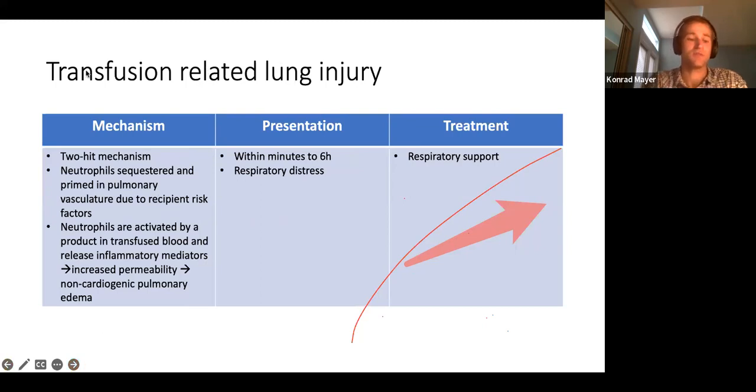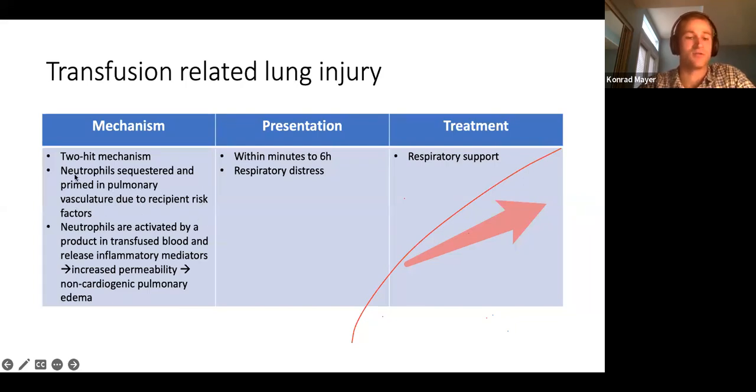So the transfusion-related lung injury is a cell-based thing. We have the two-hit hypothesis, and some individuals will have neutrophils sequestered and primed in their pulmonary vasculature due to various reasons.